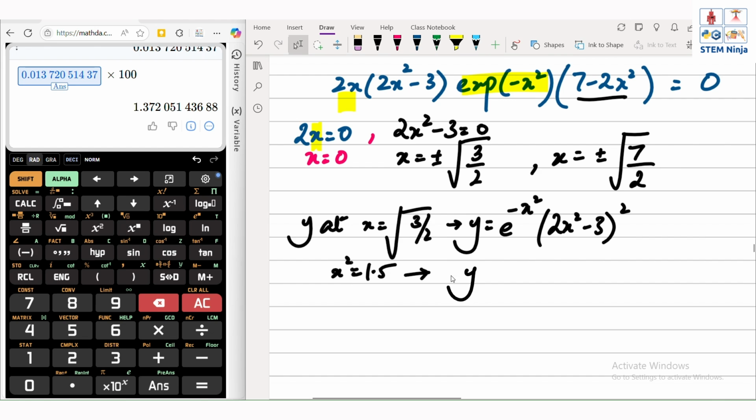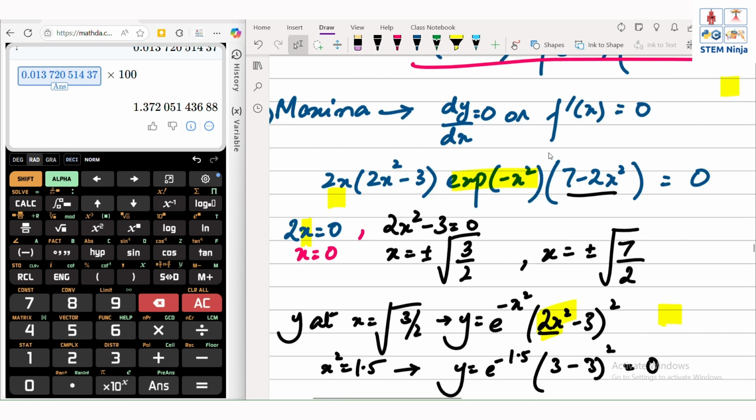We get e raised to power minus 1.5, and 2 times 1.5 is 3, and 3 minus 3 is 0.